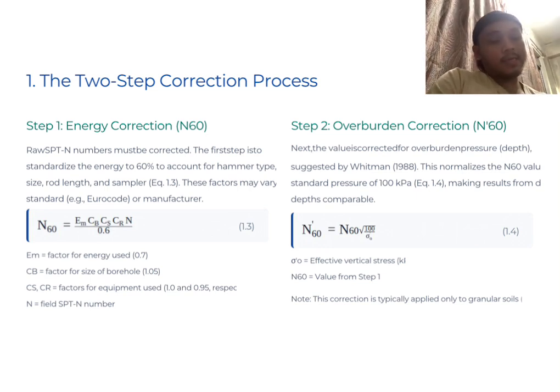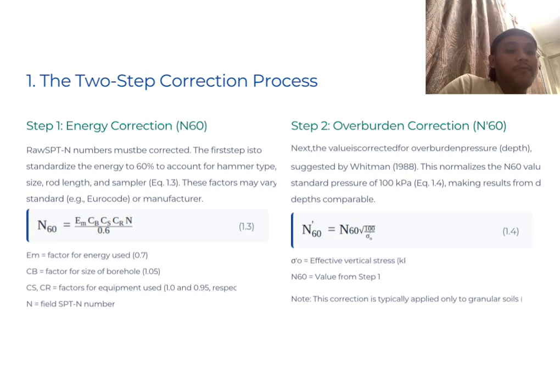Okay, what is EM? EM is the hammer energy factor. CB is the borehole diameter factor. CS is the sampler factor, and CR is the rod length factor. Oh, I forgot, and N we use also. N is the field SPT N number.